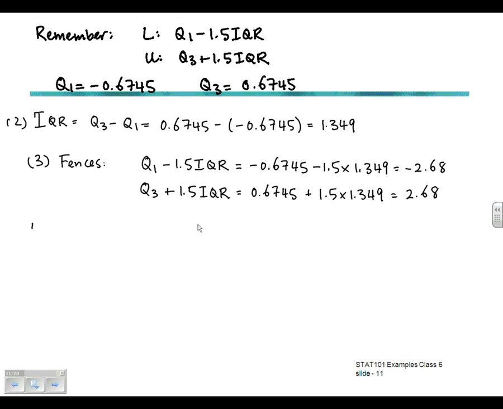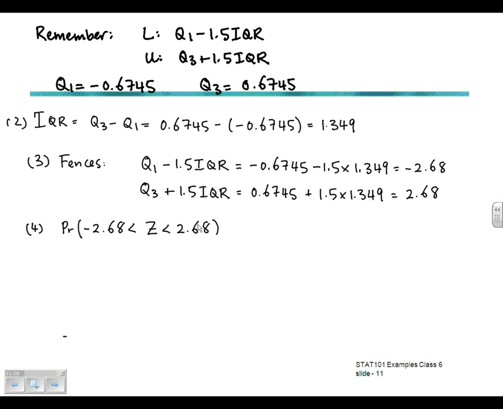To calculate the probability that an observation lies between the upper and lower fences, we need to find the probability that Z lies between negative 2.68 and positive 2.68.